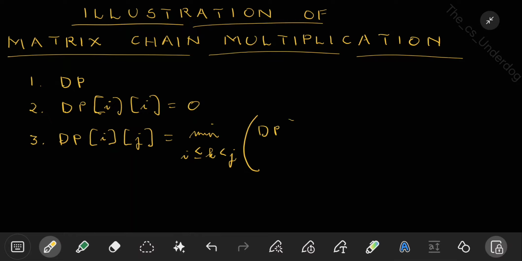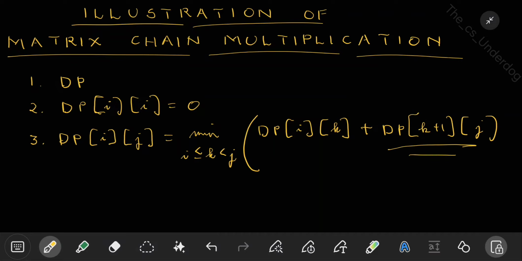It should be DP of i, k, which is the number of scalar multiplications required to multiply all the matrices from Ai till Ak, plus DP of k plus 1, j. What does this signify? This is the total number of scalar multiplications required in order to multiply all the matrices from A(k+1) to Aj.